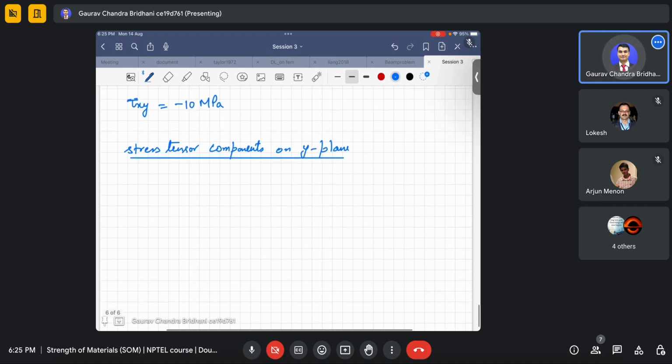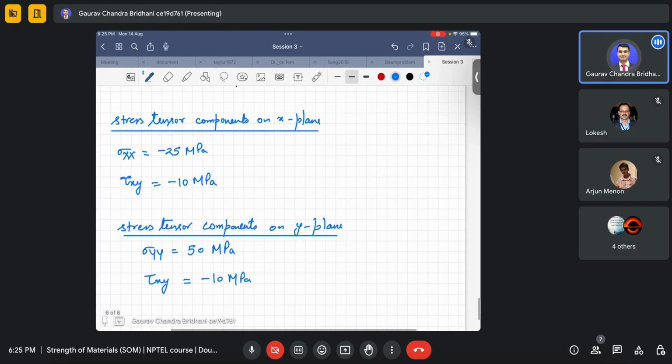So here sigma yy is 50 MPa, and tau xy is minus 10 MPa.